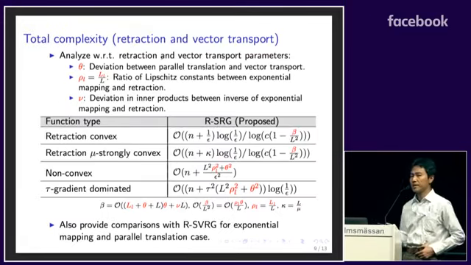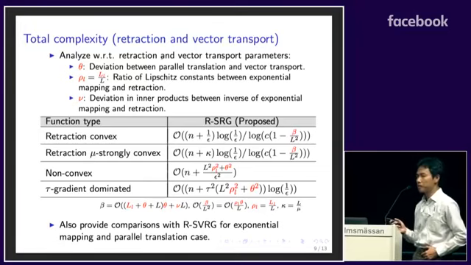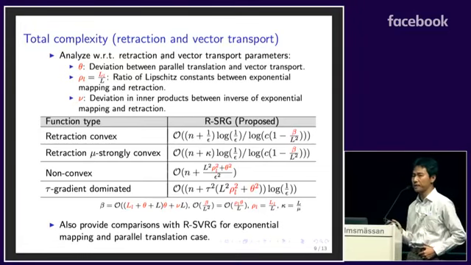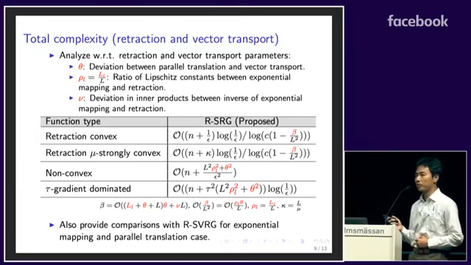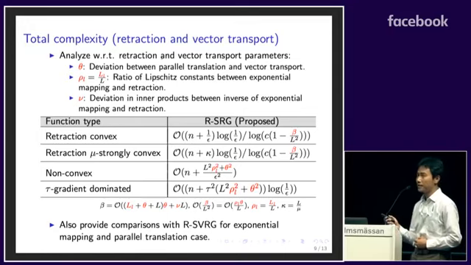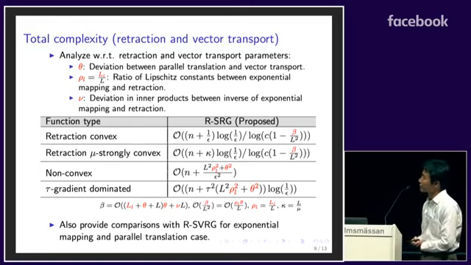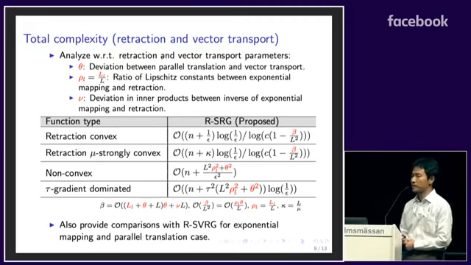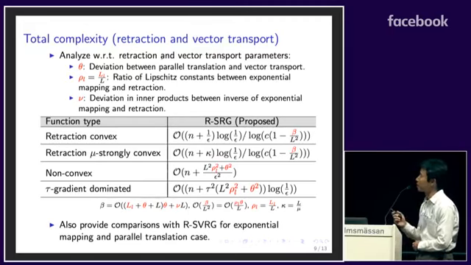So we analyze the total complexities with respect to the parameters that are directly connected with the retraction and parallel vector transport. They include theta, which is the deviation parameter between parallel translation and vector transport. The second one is rho L, the ratio of the Lipschitz constants between the exponential mapping and the retraction.